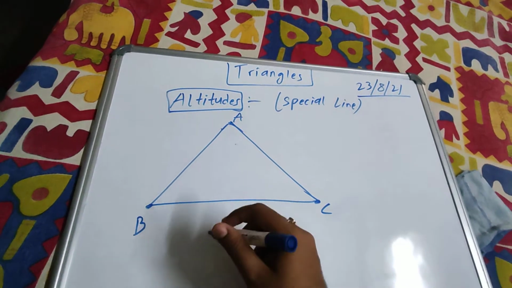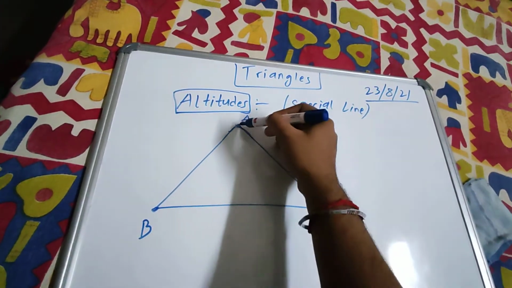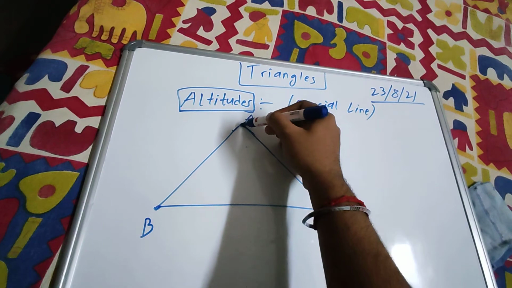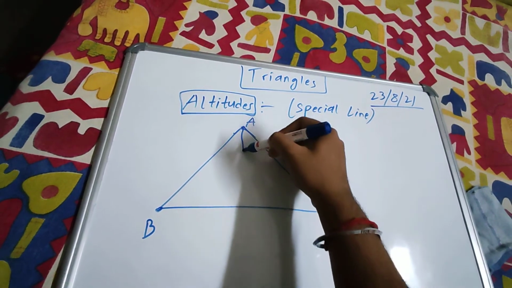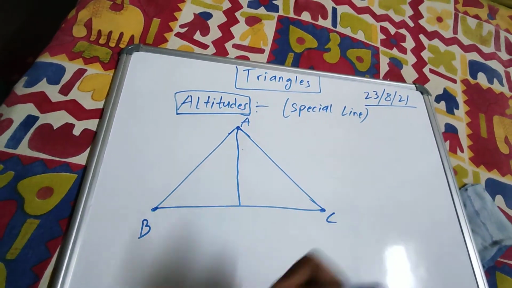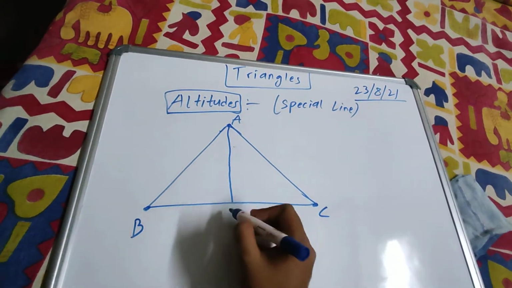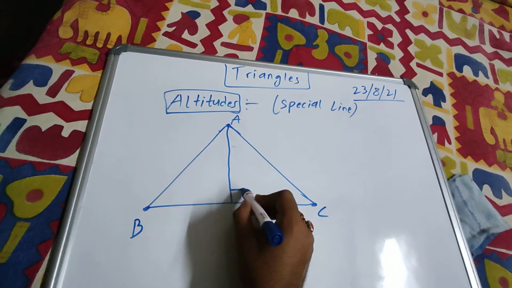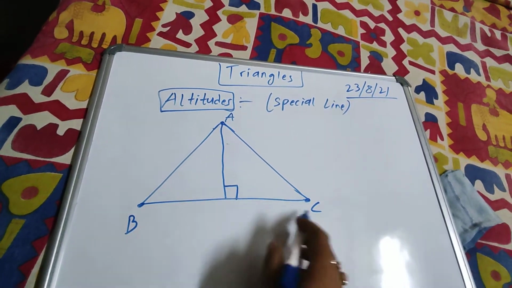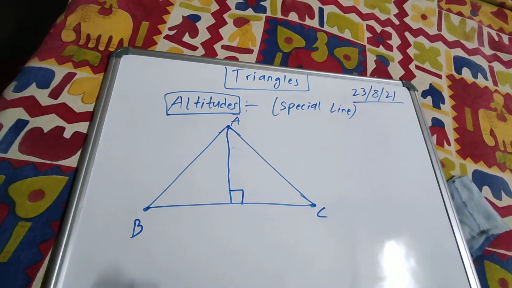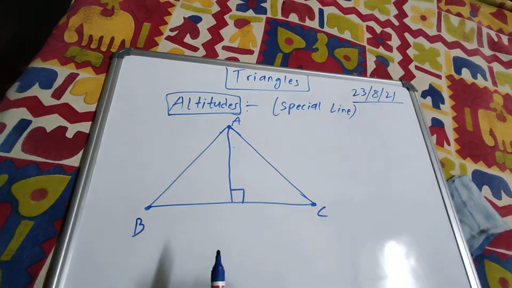Now altitude is nothing but if you draw a line from any vertex to its opposite side, and that line becomes perpendicular to the opposite side. So what I have told, I am repeating again.